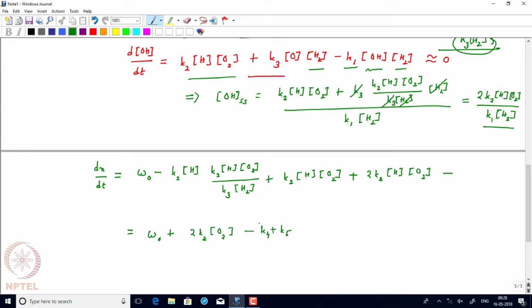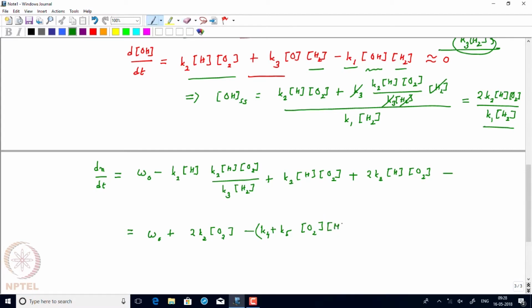Let me write it like this, minus K4 into K5 into O2, sorry, this will be K5 into O2, and we'll have times M, because there will be this third body reaction.